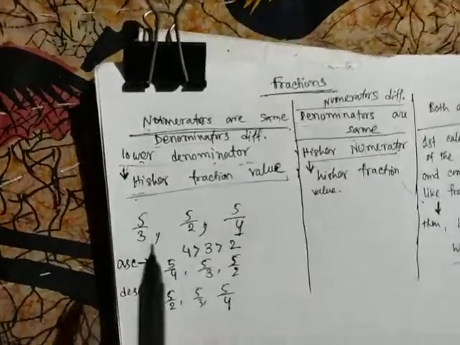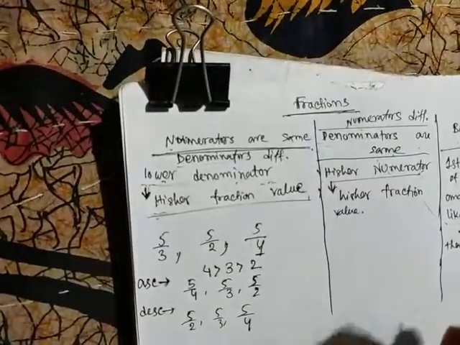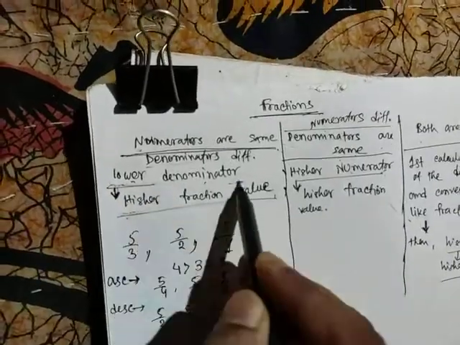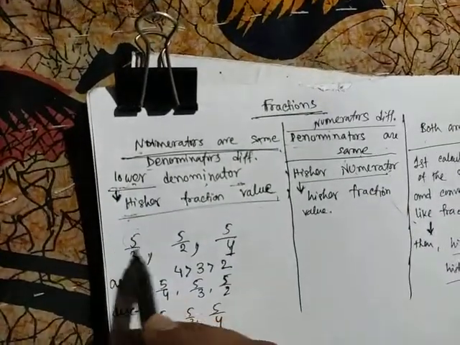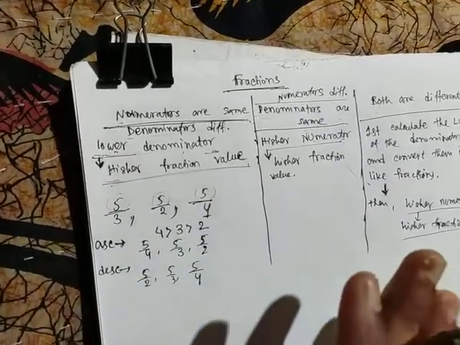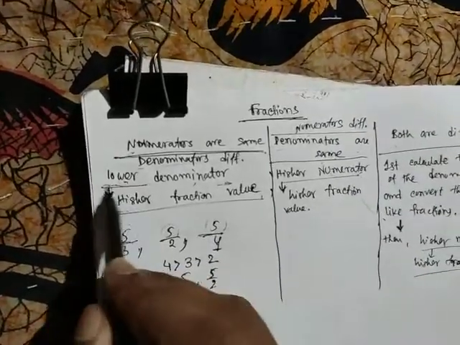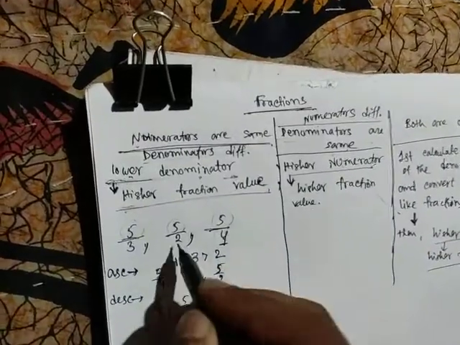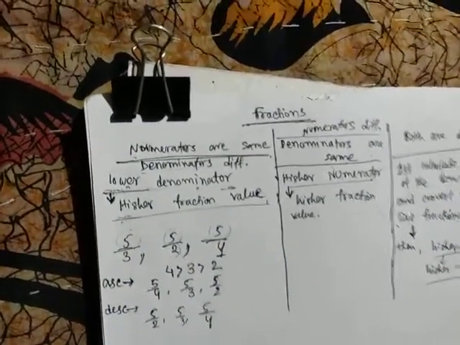How can we find the higher or lower value? When numerators are the same, as here, all the fractions have 5 as the numerator, a lower denominator means highest value. The lower denominator here is 2, so this is the highest value.